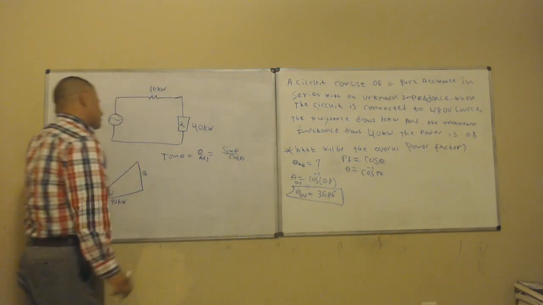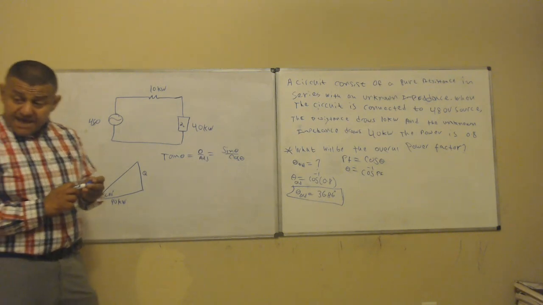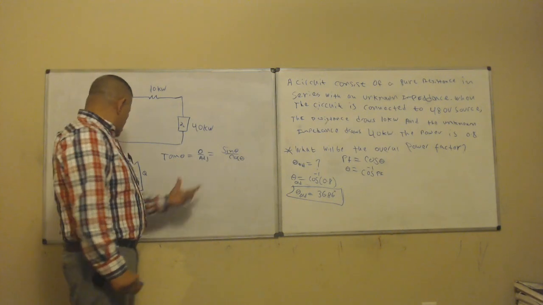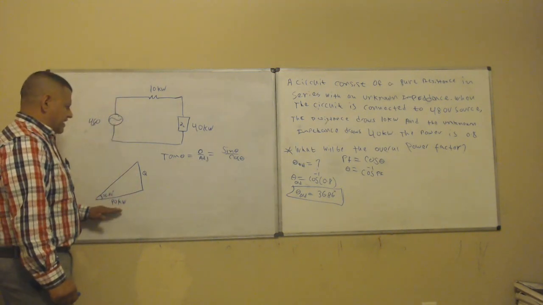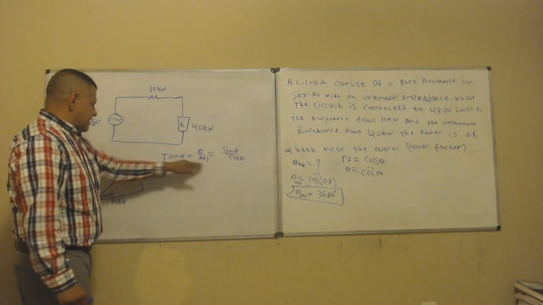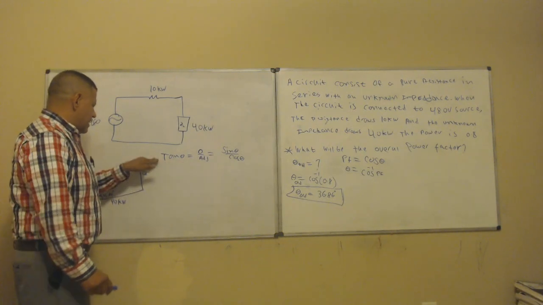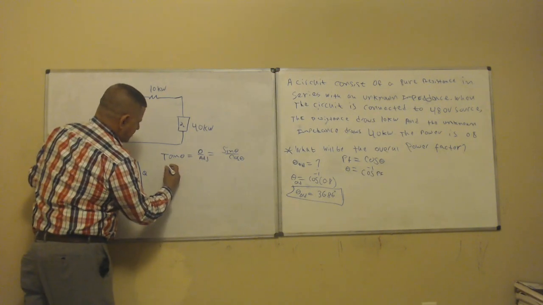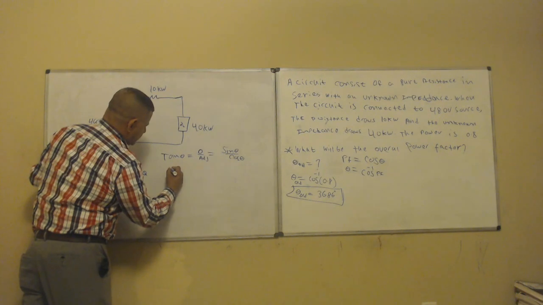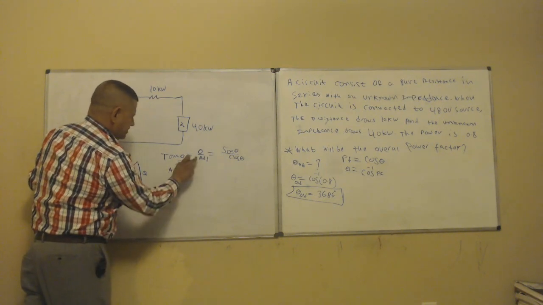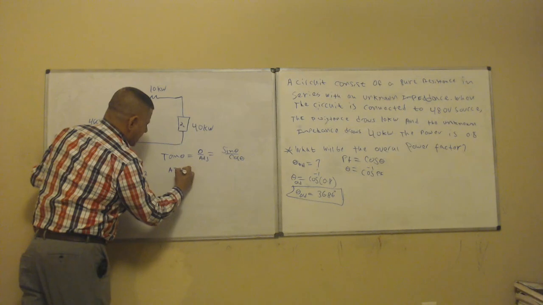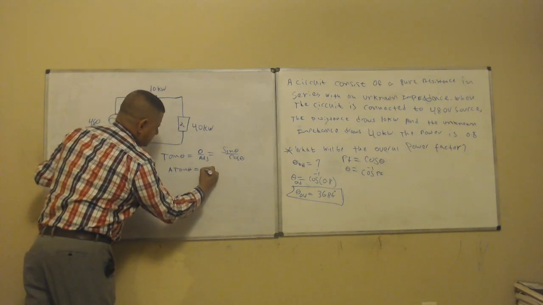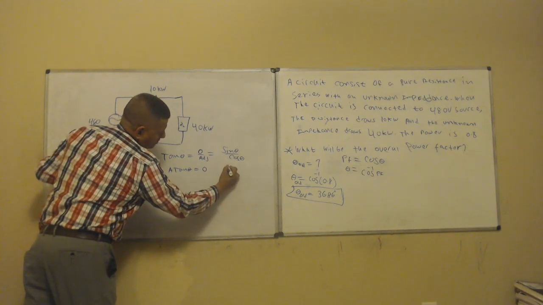So I can say that adjacent, which is just P, times tangent of theta is equal to opposite. But what is opposite?